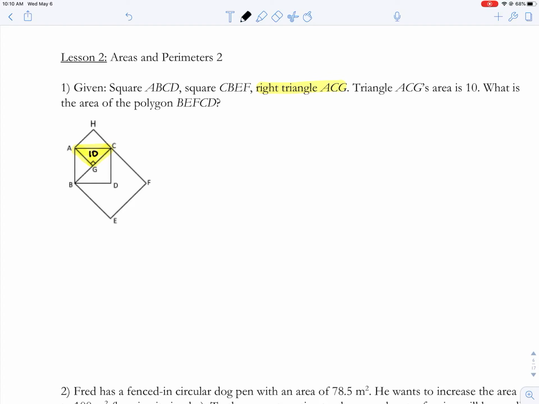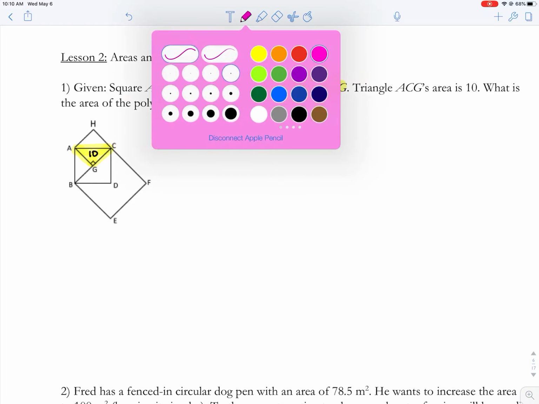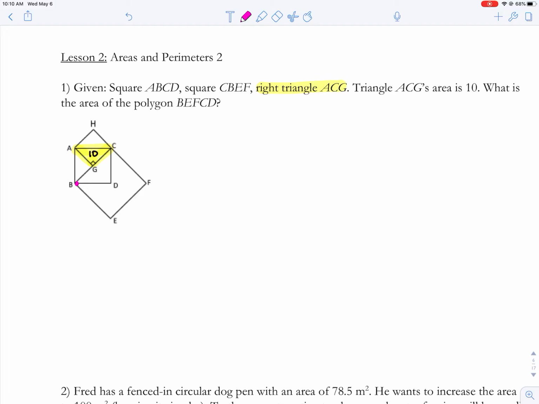And they want us to find the area of the polygon, so that means not a regular shape, of the polygon B to E to F to C to D and back. So we're going to find the area of that shape in there.